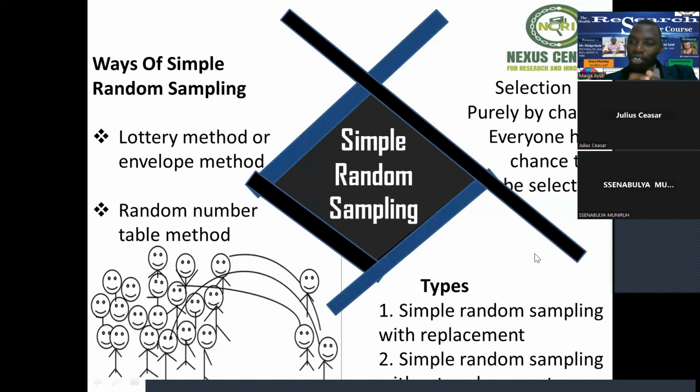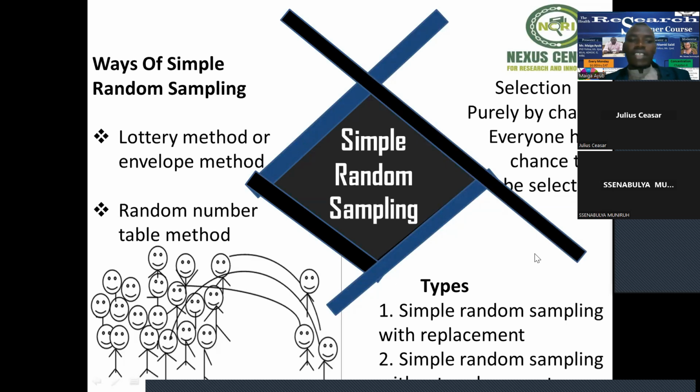Then I again roll it. So I'm writing Mr. Hussein and Mr. Chimera aside, but I'm putting their names back into the bowl for selection. So that is what we call random sampling with replacement. As you pick, the participant has a chance to participate in the second selection, in the third selection, and even in the fifth selection, because you're repeatedly putting his name back into the bowl.